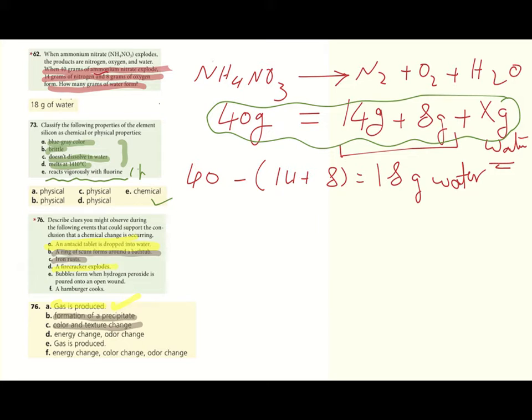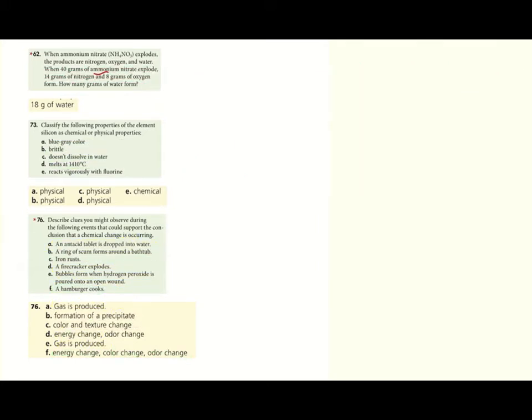So explosion produces energy or there will be a change in energy. Bubbles form when hydrogen peroxide is poured onto an open wound. If you put hydrogen peroxide on an open wound, you can see also bubbles or gas. Last one, a hamburger cooks. When you cook a hamburger, there will be an energy change or color change or odor change.